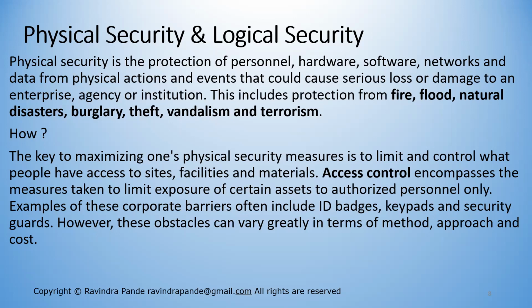So normally physical security is the protection of personnel, that's humans, hardware, software, networks, and data from physical actions and events that could cause serious loss or damage to an enterprise, a corporate, a company, agency, or institution. This includes protection from fire, flood, natural disaster, burglary, theft, vandalism, and terrorism.